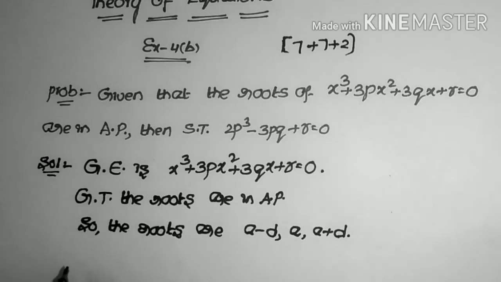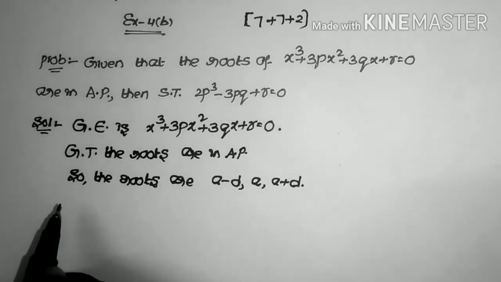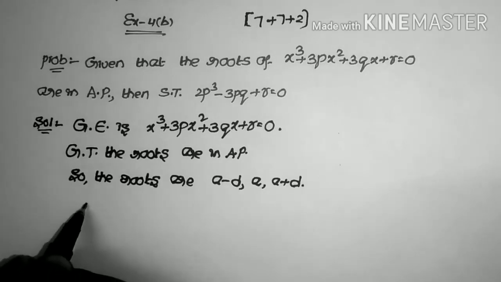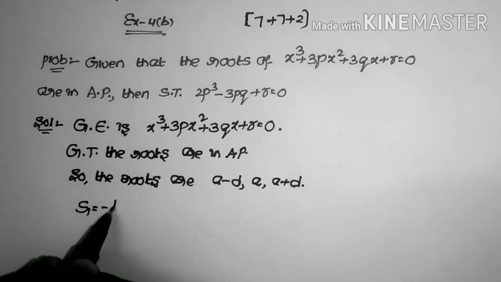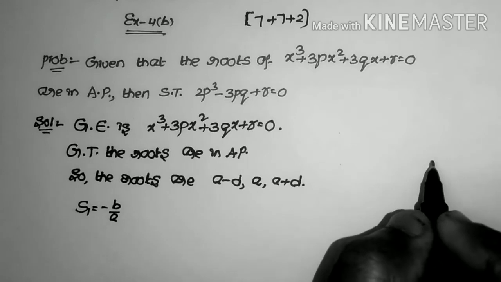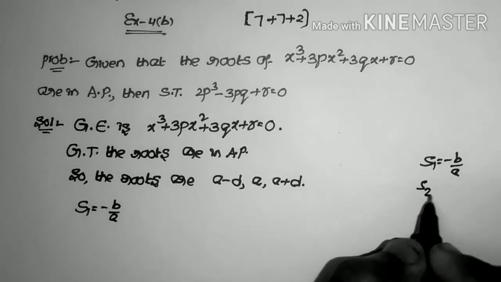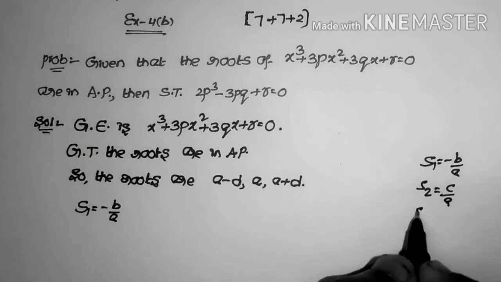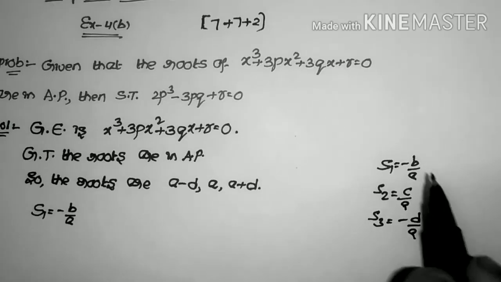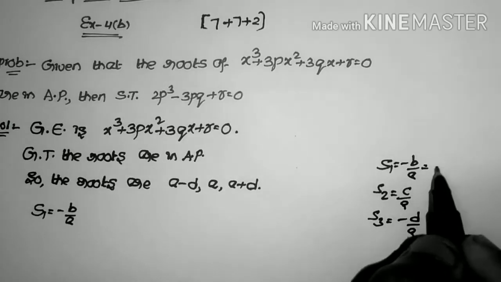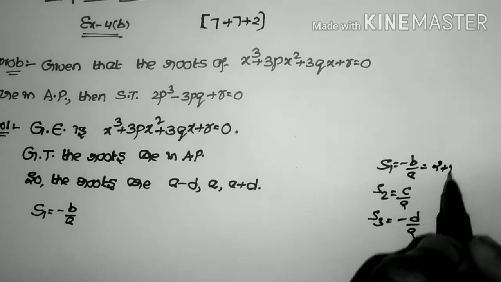Now in the theory of equations, we have 3 formulas. The first formula is S1 is equal to minus b by a, S2 is equal to c by a, S3 is equal to minus d by a. What is the meaning of S1? S1 is the sum of the 3 roots.